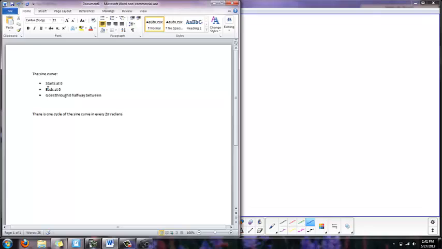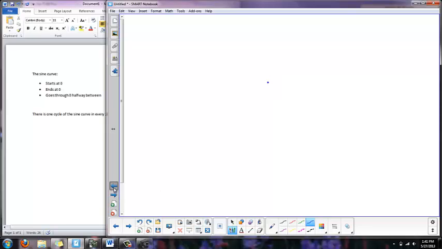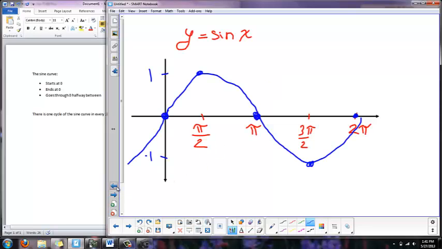There's one cycle of the sine curve in every 2 pi radians. Okay? That means that every time on a curve you see between 0 and 2 pi, that's one full cycle.